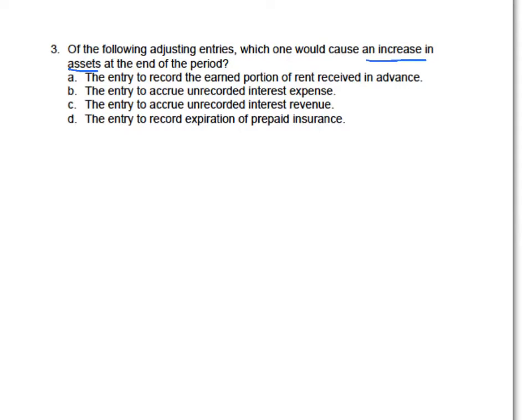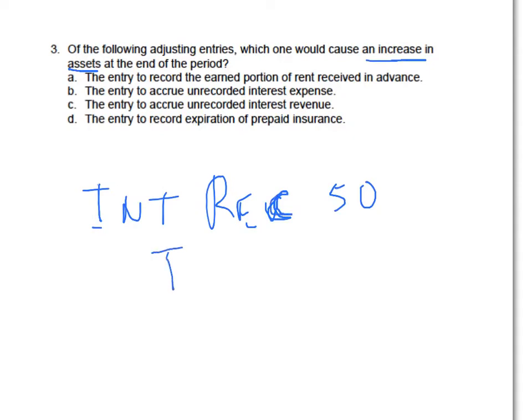And the entry to accrue unrecorded interest revenue, that sounds pretty good. Maybe we now have somebody that owes us $50, and we have, I'm sorry, that's interest receivable, that's a common mistake, and interest revenue would be credited for $50.